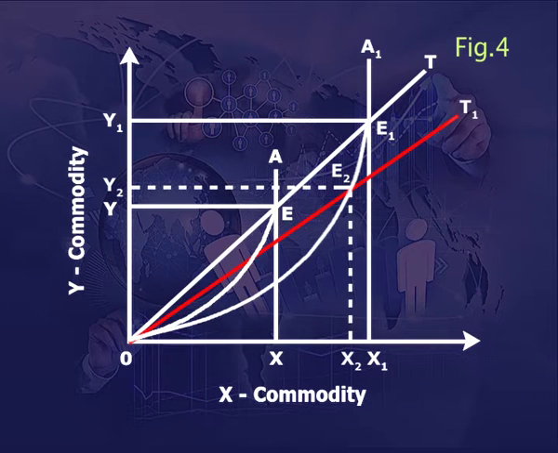In this situation, the terms of trade move against country A from OT to OT1. The new equilibrium is on OT1 with the OA1 offer curve at E2, where A gains more from trade by exporting larger quantity XX2 of X in exchange for lesser quantity YY2 of Y. Thus, its terms of trade also improve.